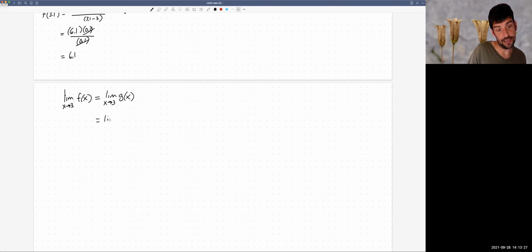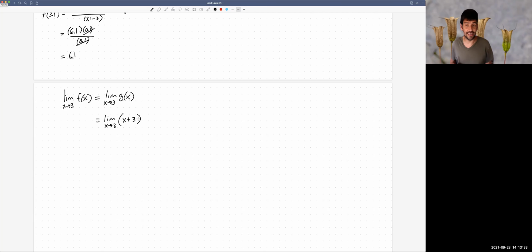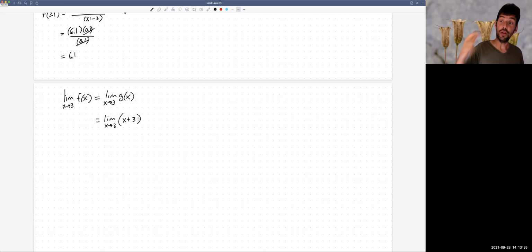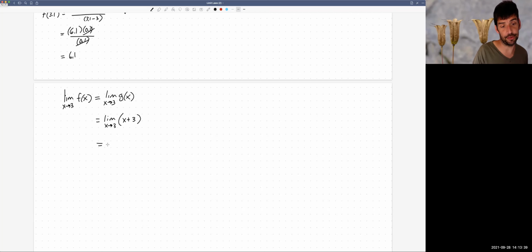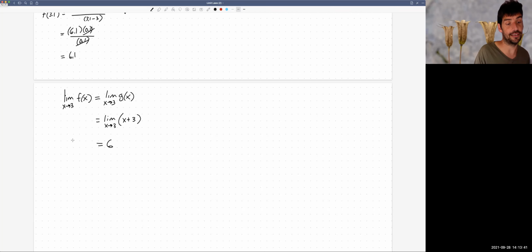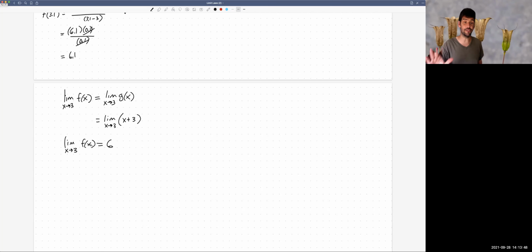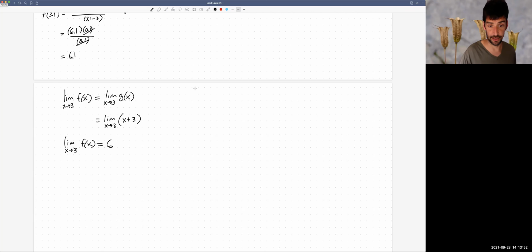The limit as x goes to 3 of g of x is just the limit of x plus 3. This is now a polynomial. We know what to do with polynomials. We simply evaluate them. And so this limit is 6, which tells me that the limit as x goes to 3 of f of x is equal to 6, even though the function isn't defined there.